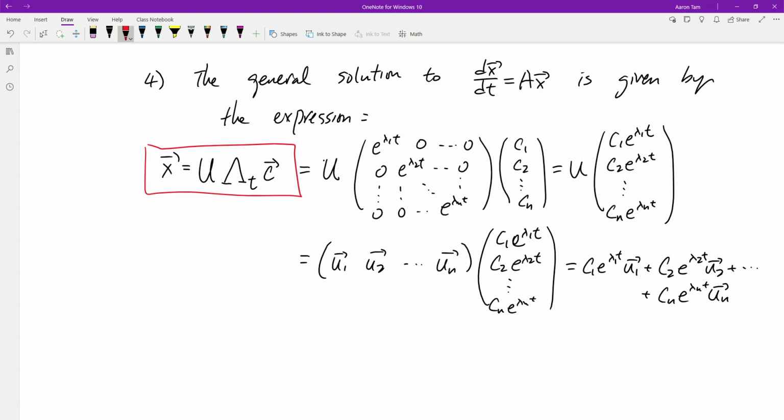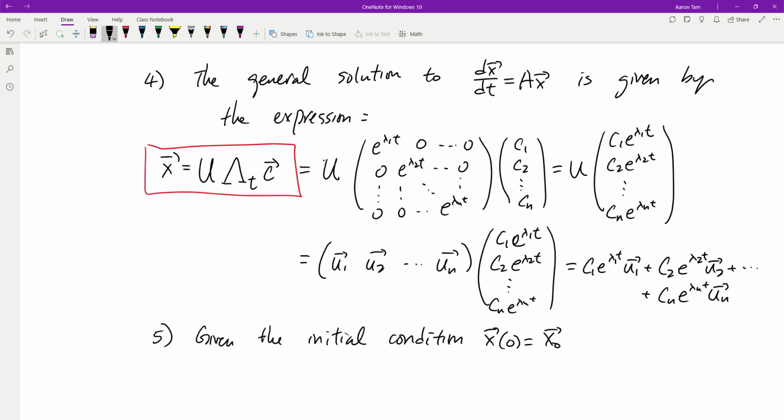Now comes the next question. What if we have some kind of initial condition? Well, so let's see. So number 5. What if we are given the initial condition? Vector x of 0 equal to some constant vector x sub 0. What will happen?